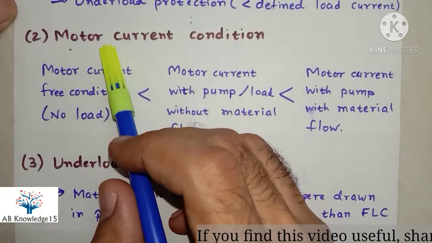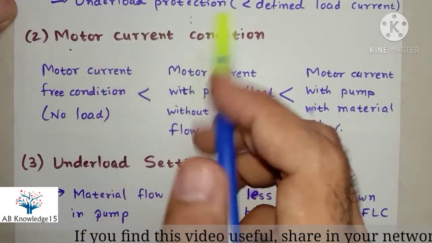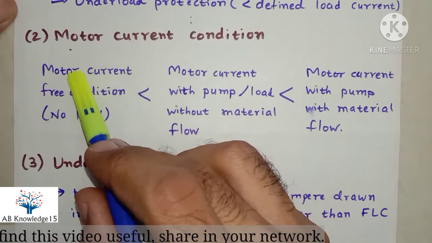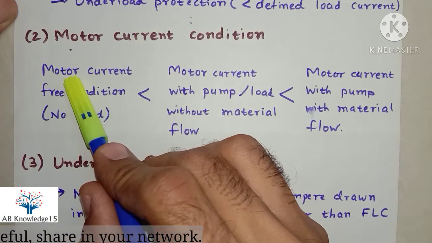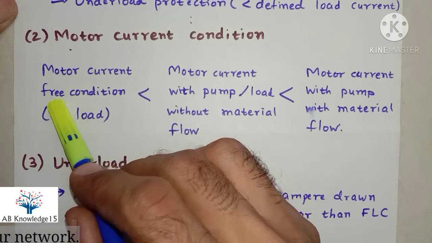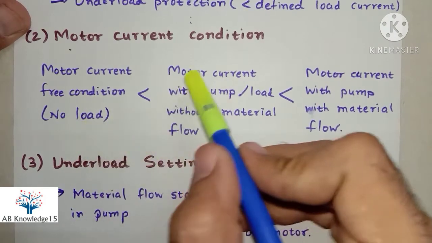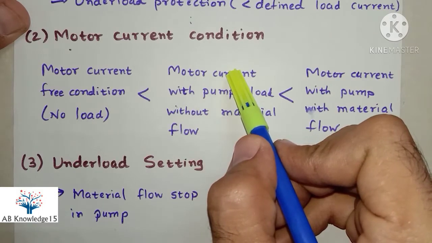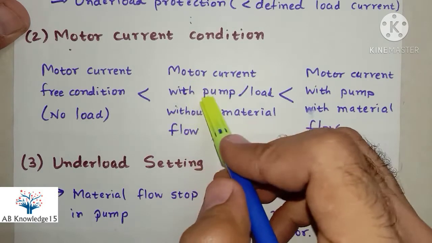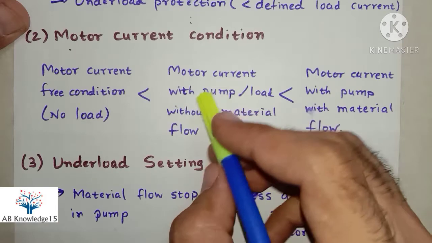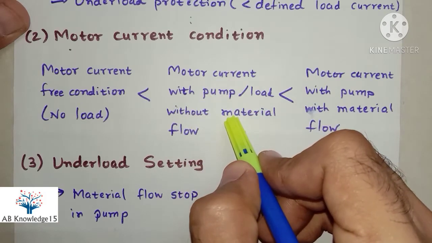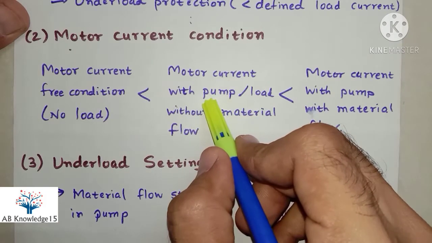We will now understand the motor current condition. The motor current will be the lowest if the motor is running in the free condition, meaning the no load condition. The motor current will be somewhat greater if the motor is connected with a pump, but the material flow is not there in the pump.